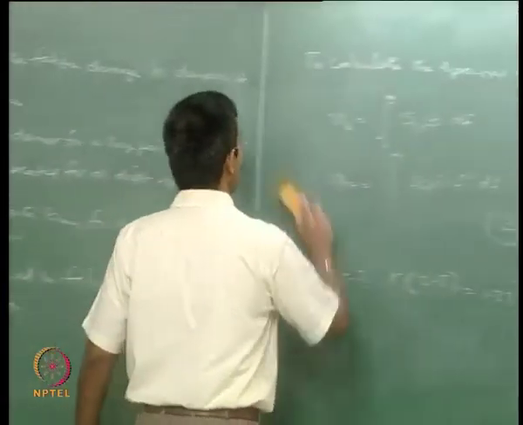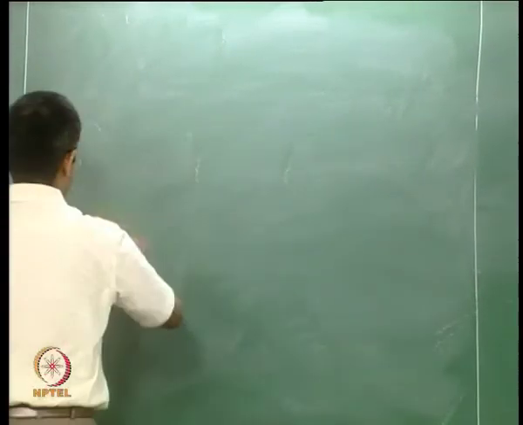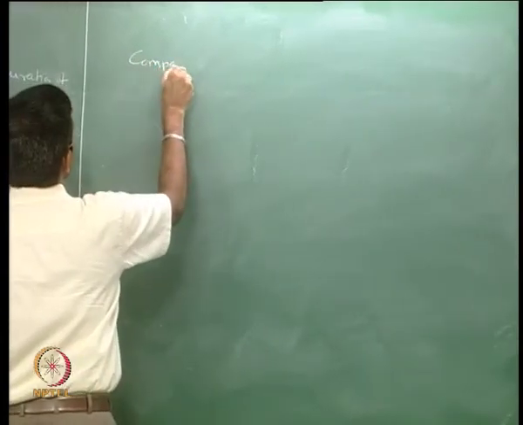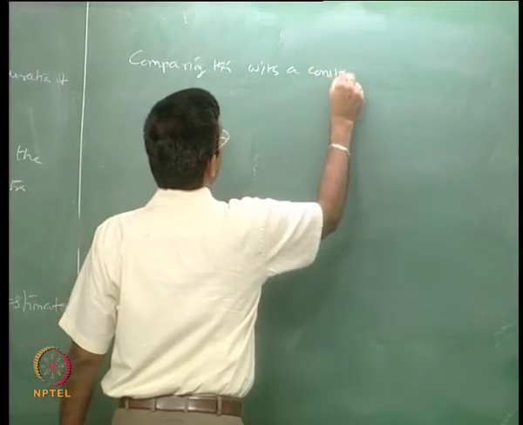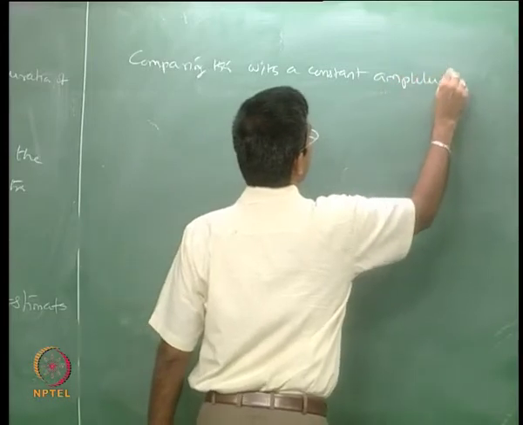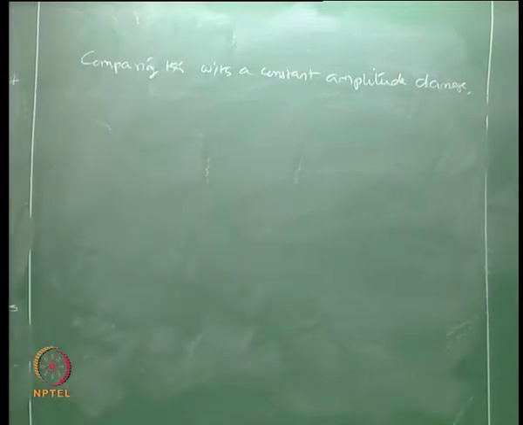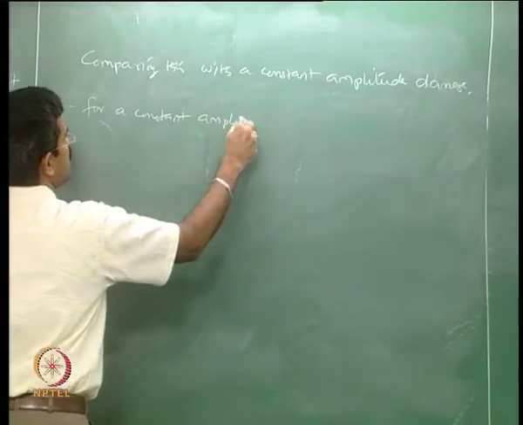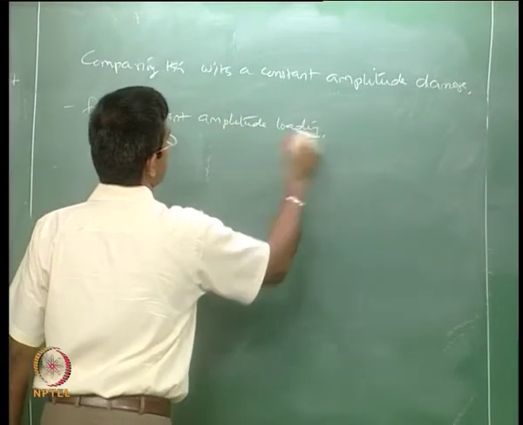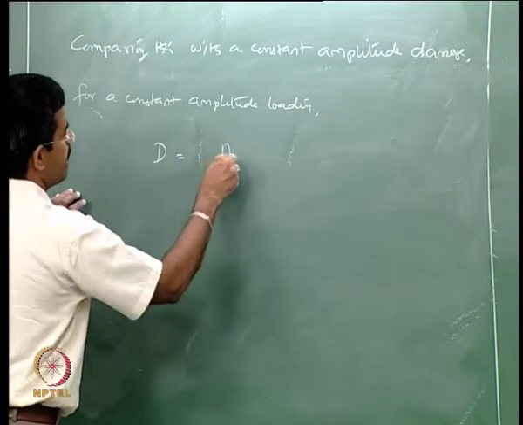If it is a constant amplitude damage, we know that for a constant amplitude loading, D, that is the damage, is given by n by N, is it not?